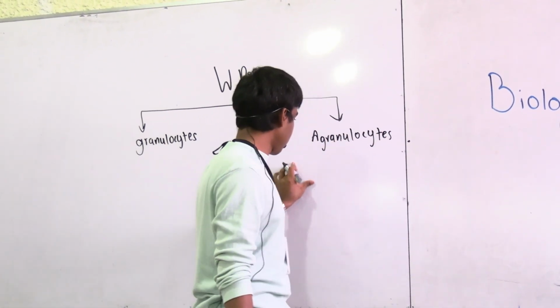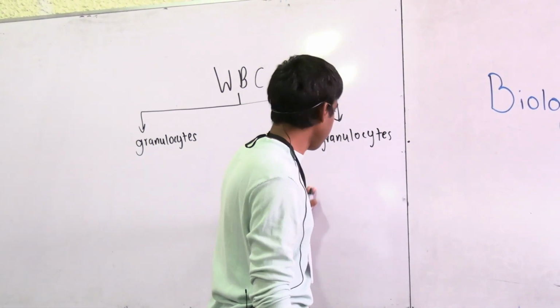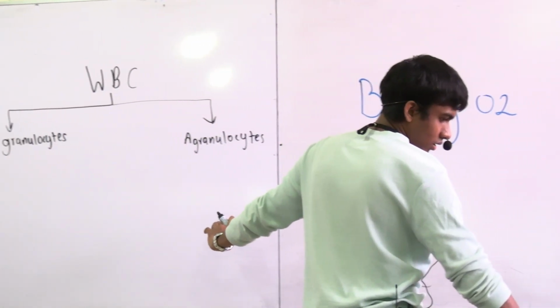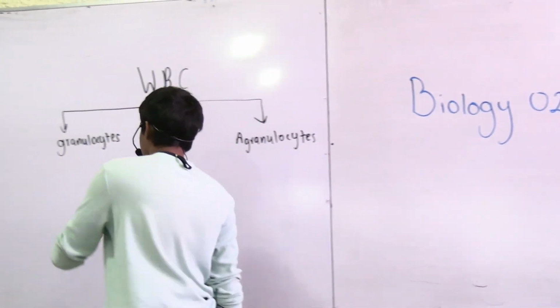Okay, now these are categorized further, right? So under granulocytes there are 3 cells.